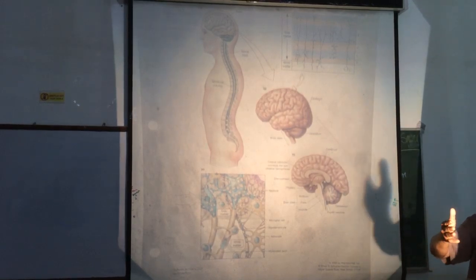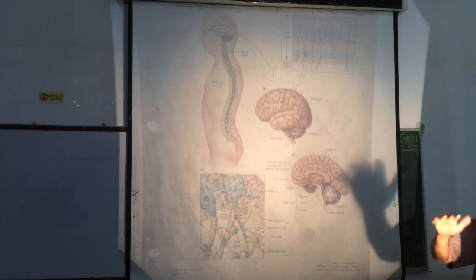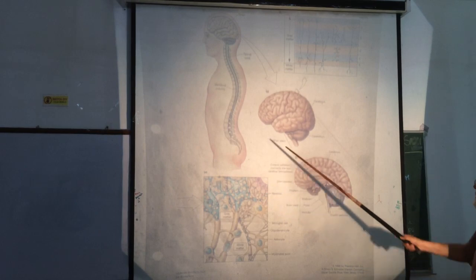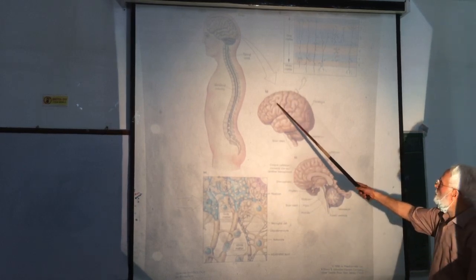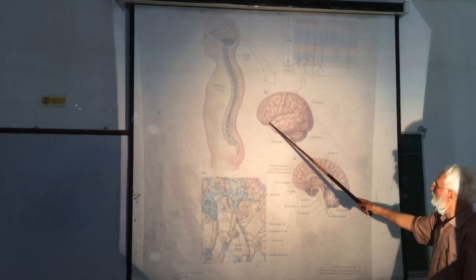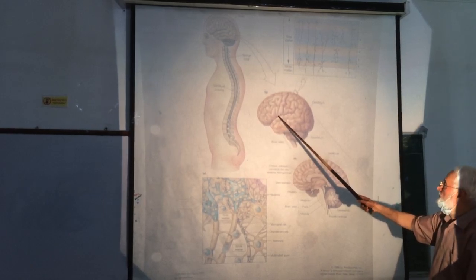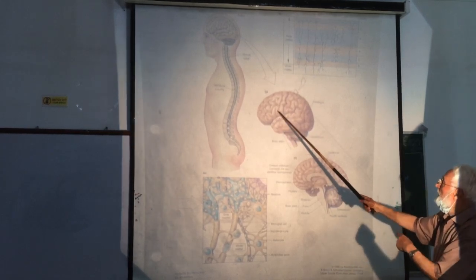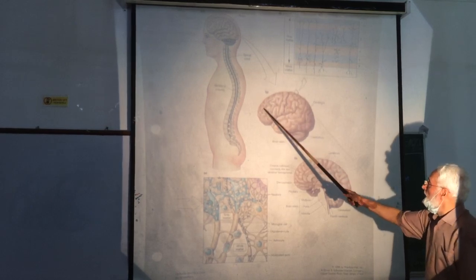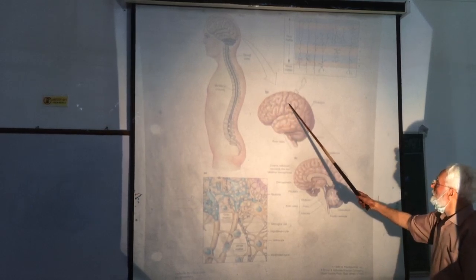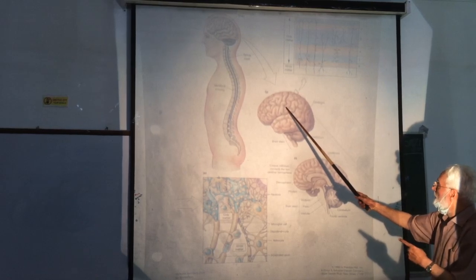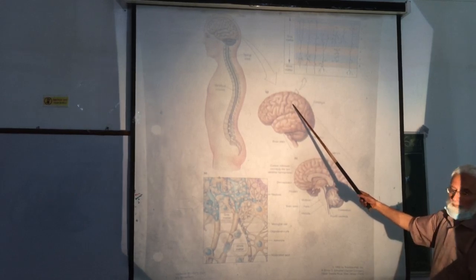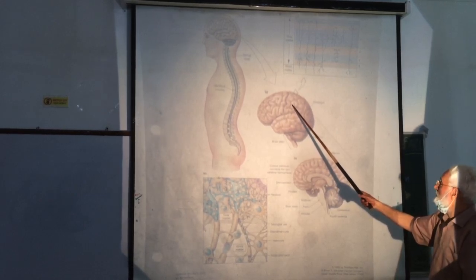Frontal lobe is anterior to the central sulcus and superior to the lateral sulcus. Posterior to the central sulcus and superior to the lateral sulcus is the parietal lobe.